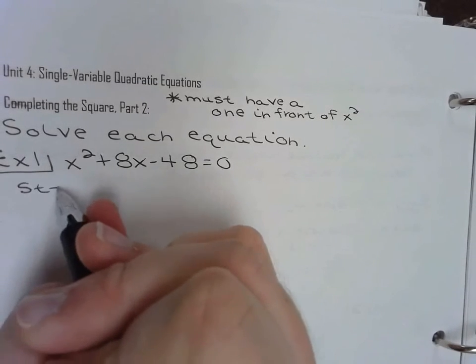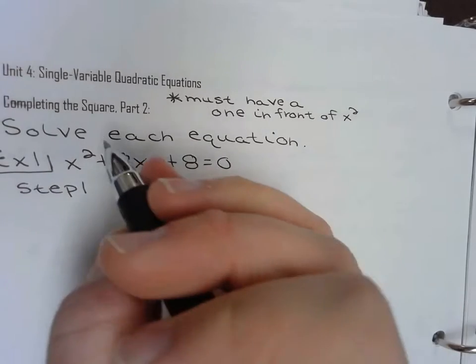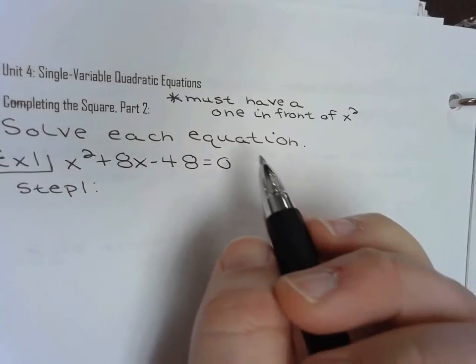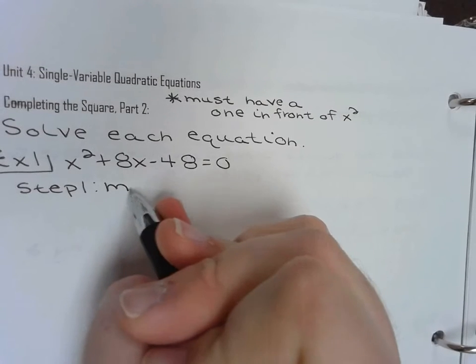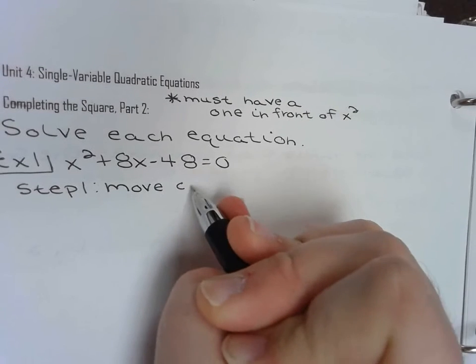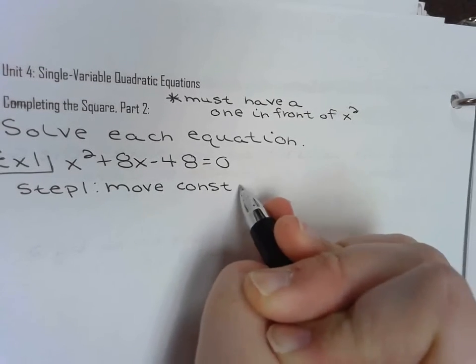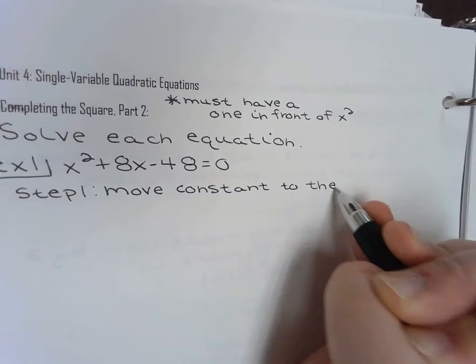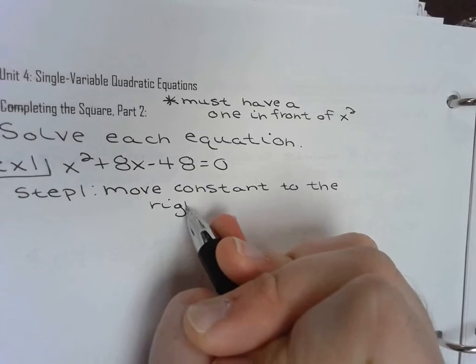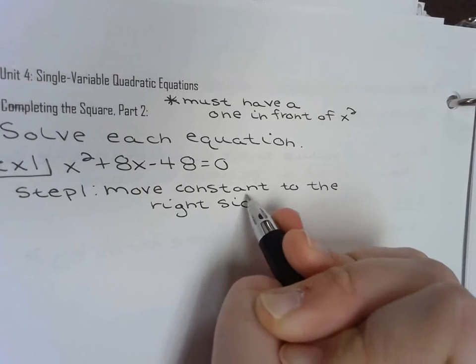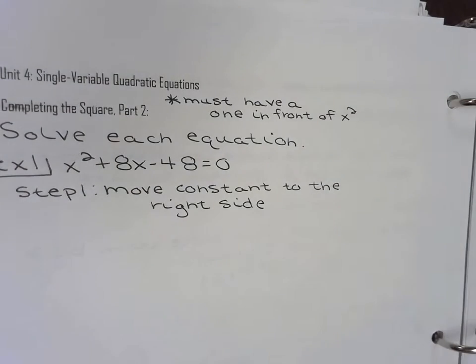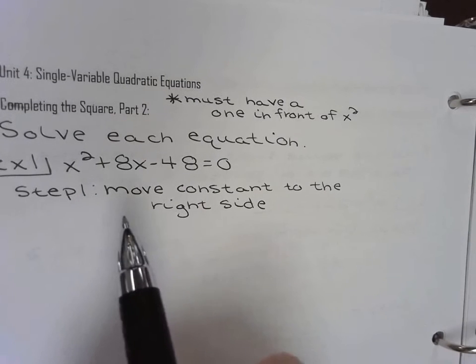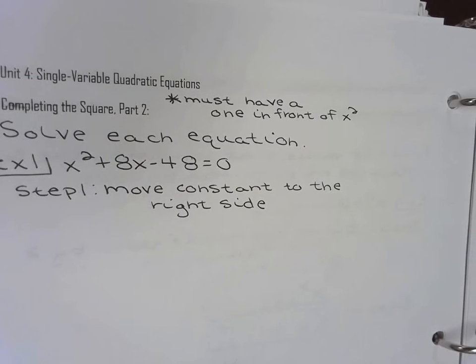So first step. Step 1: move constant to the right side. You have to get it set up to do completing the square. With the square root method, I got x squared equal to a number. With factoring, I got it equal to 0.